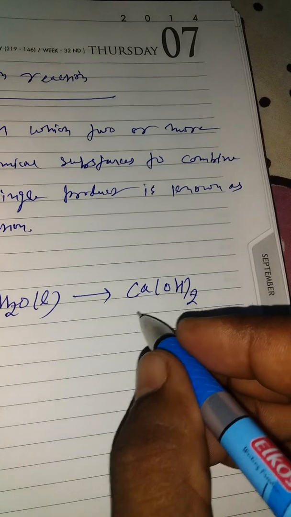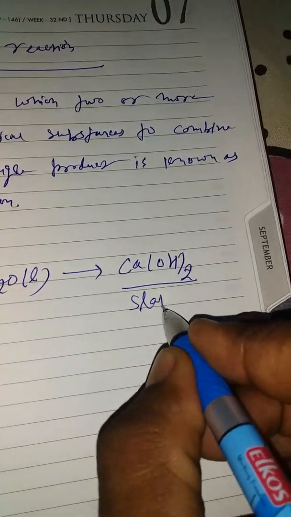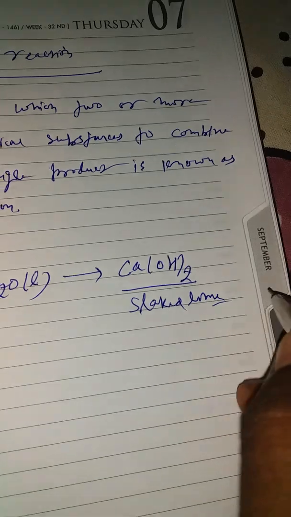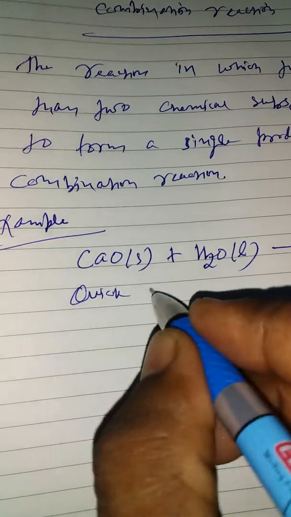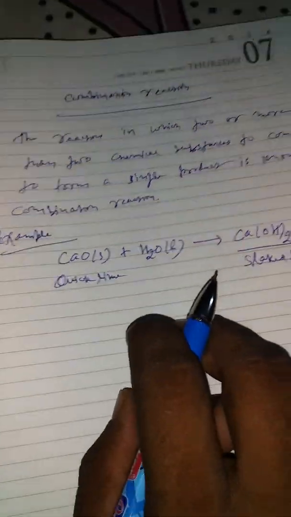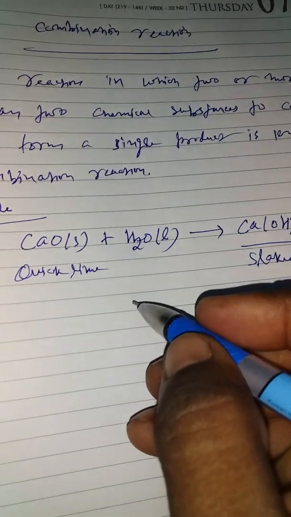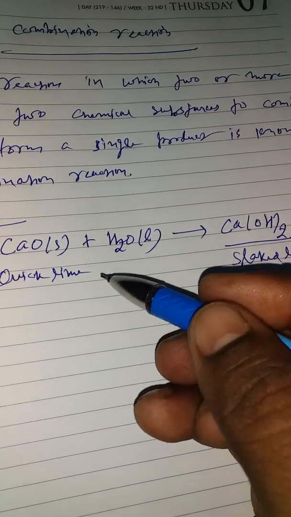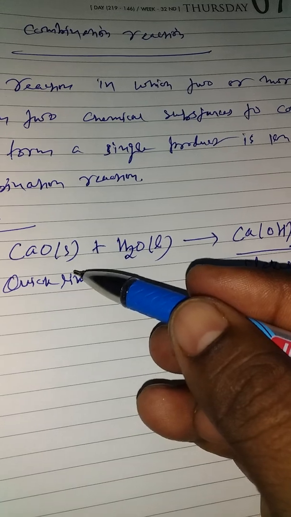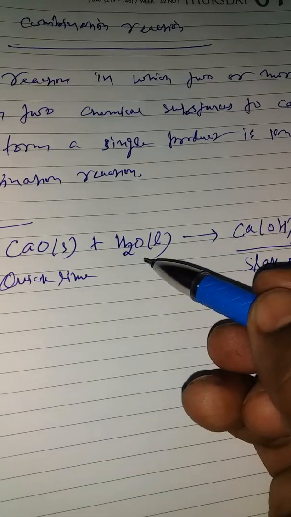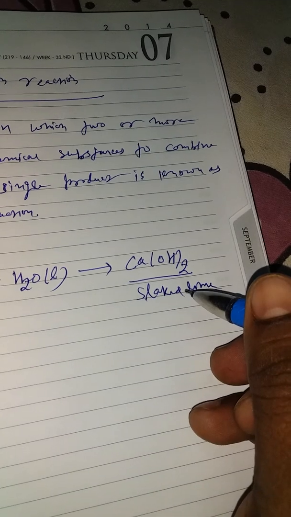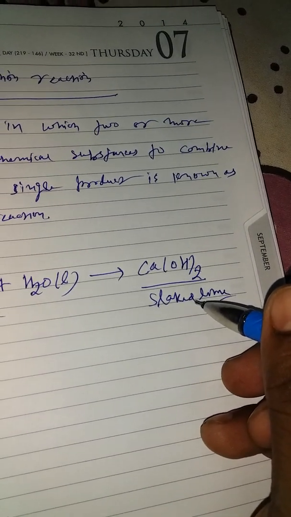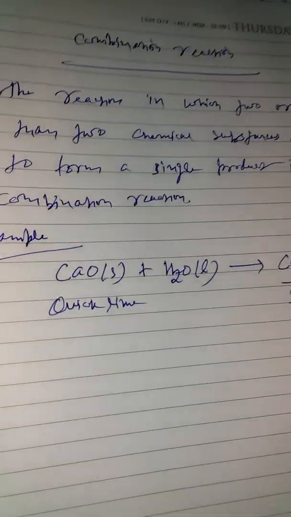Calcium hydroxide is also known as slaked lime. In this reaction, we see that on the reactant side calcium oxide and water are present, while on the product side only a single substance, calcium hydroxide, is formed. That's why it is a type of combination reaction.